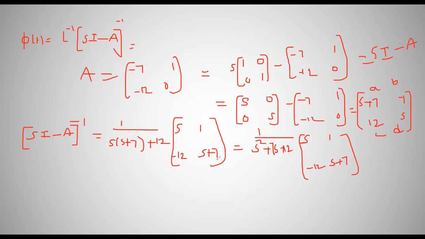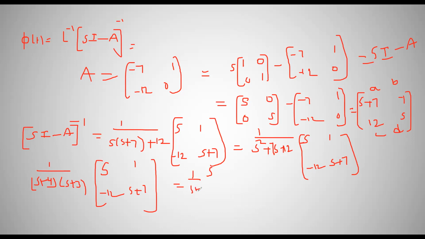So what are the roots of S square plus 7S plus 12? The roots give 1 by S plus 4 into S plus 3. S plus 4, S plus 3 into S, 1, minus 12, S plus 7. So solving the partial fractions. So using the partial fractions, this is SI minus A whole inverse.